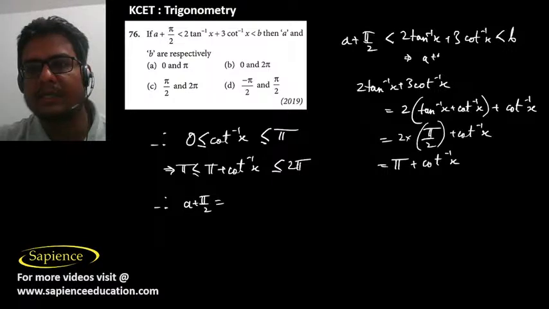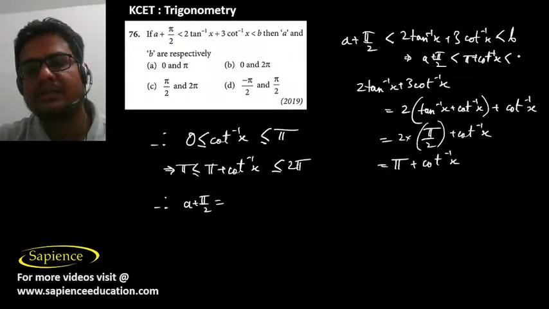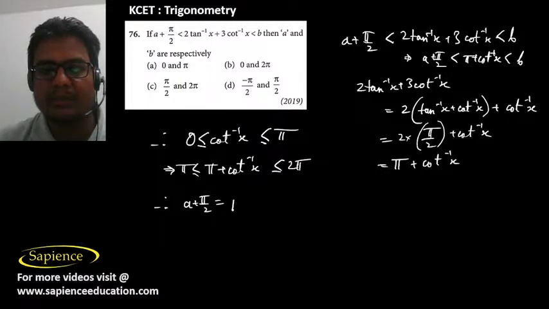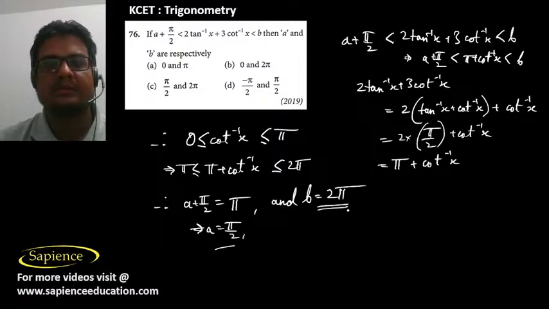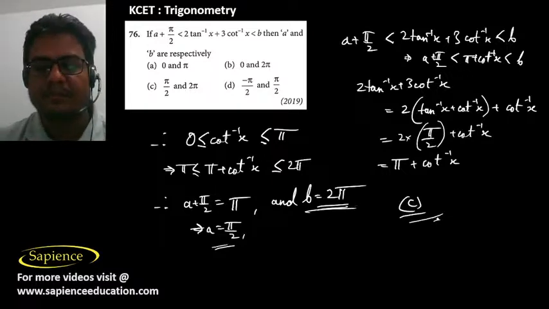Therefore A plus pi by 2 is less than pi plus cot inverse x, which is less than B. So A plus pi by 2 is pi, and B is equal to 2 pi. Therefore A is equal to pi minus pi by 2, that is pi by 2, and B is equal to 2 pi. So option C is the correct answer, since A is pi by 2 and B is 2 pi.